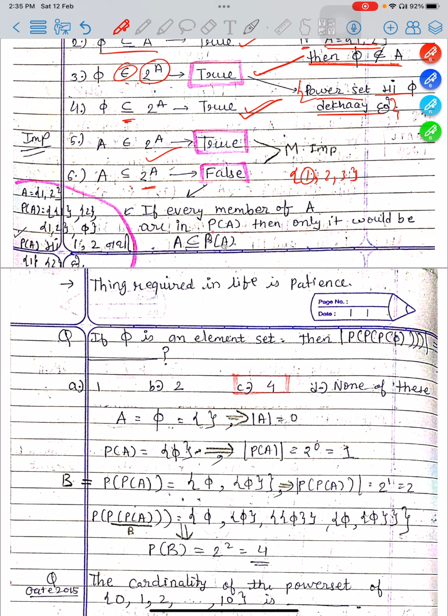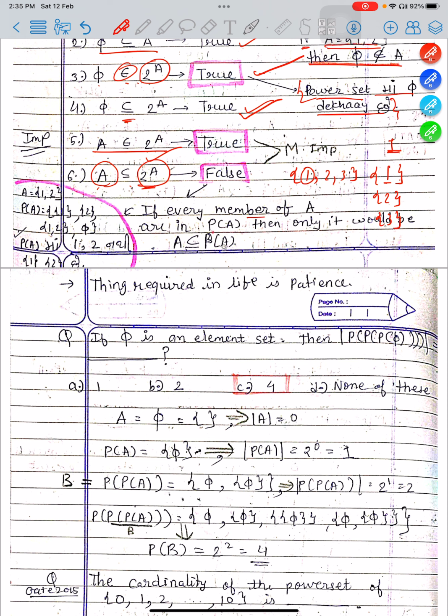So can you see 1 as an element in the power set? No. We can see it like this, A, 2, 3, but we didn't see it in this form without curly braces. Therefore it is not a subset. A is not a subset of 2 raised to A, but A belongs to 2 raised to A.